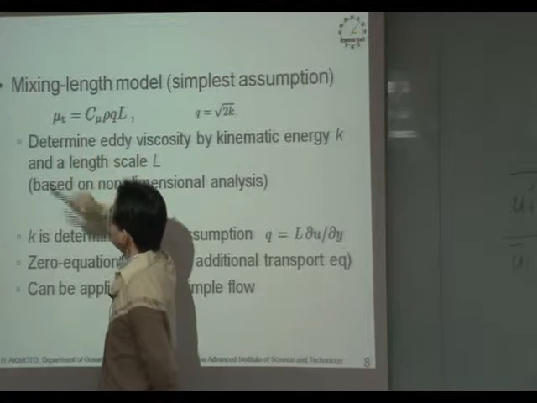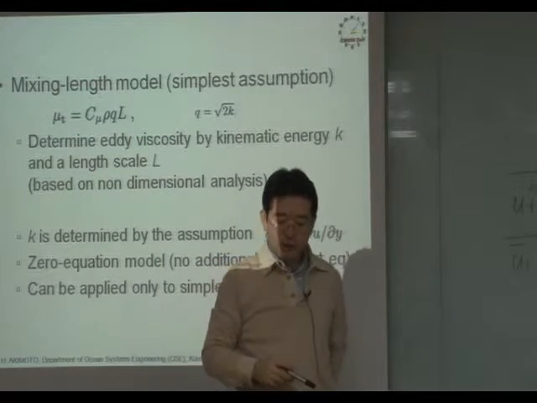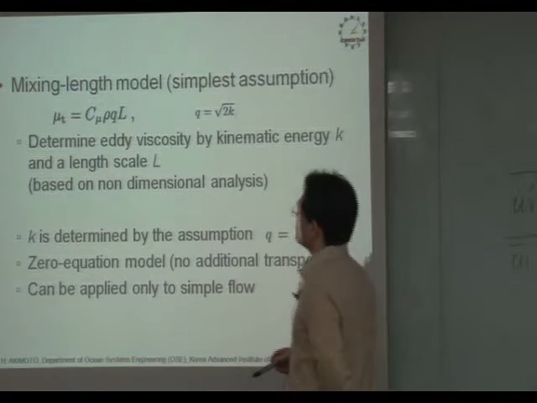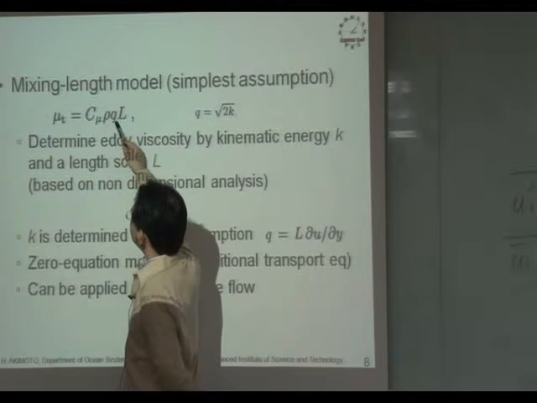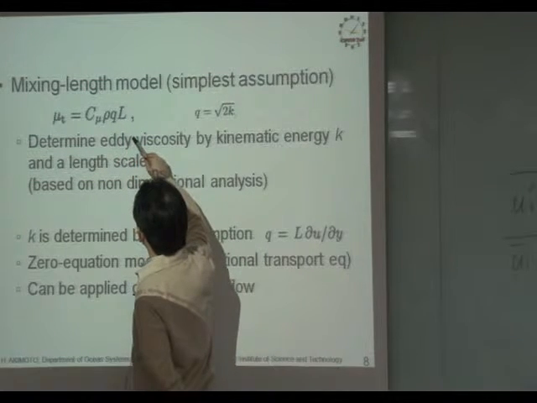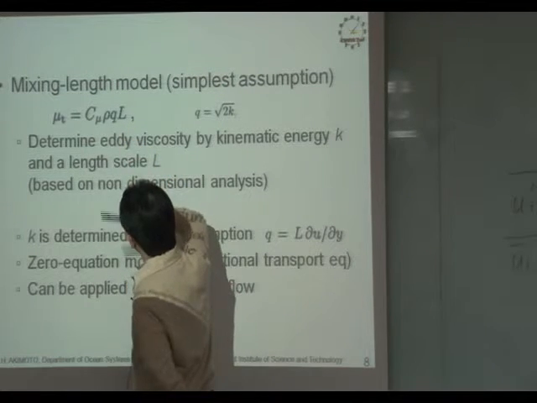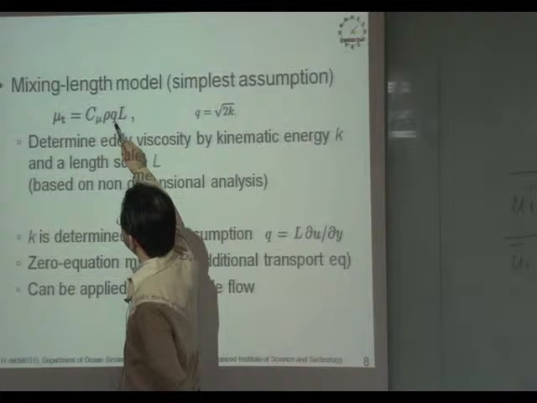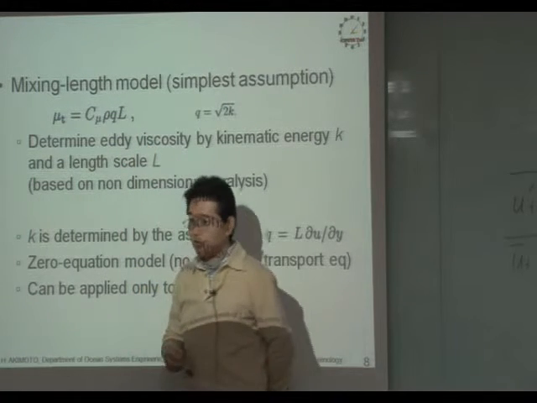The turbulence viscosity coefficient mu t is proportional to the density rho, the velocity scale of turbulence, and the length scale of the flow.